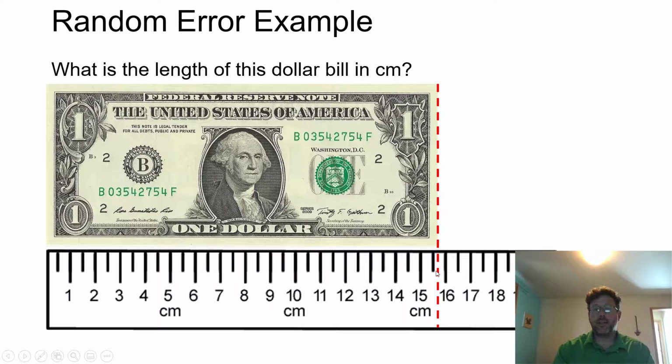So you have to interpolate or quantitatively estimate where the edge of that dollar bill actually is between the 15.5 centimeter and the 16 centimeter mark. And so making that quantitative estimate as to where the line falls in between 15.5 and 16 requires you to estimate a little bit, and this introduces random error.